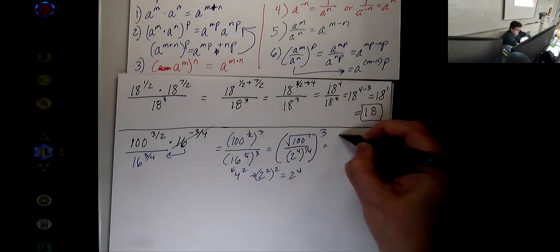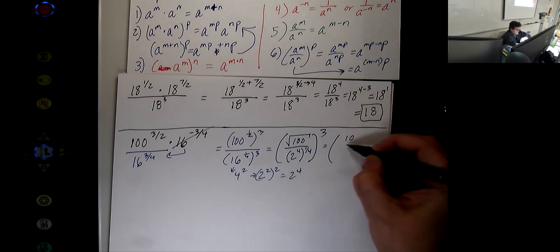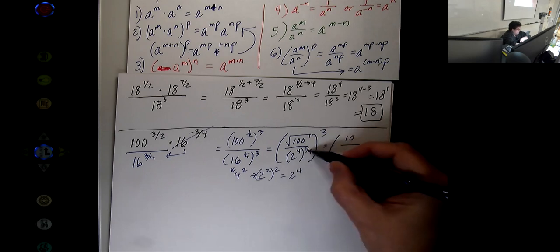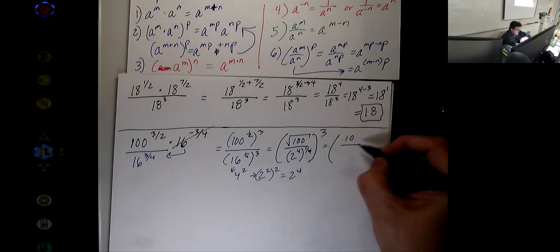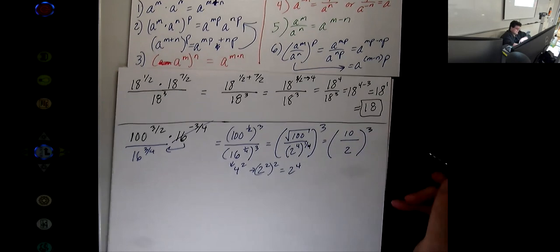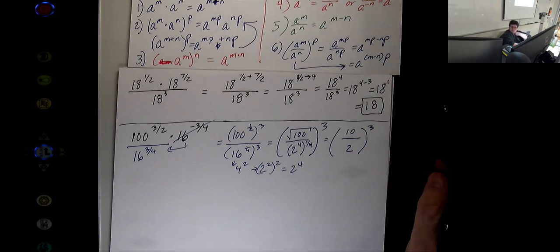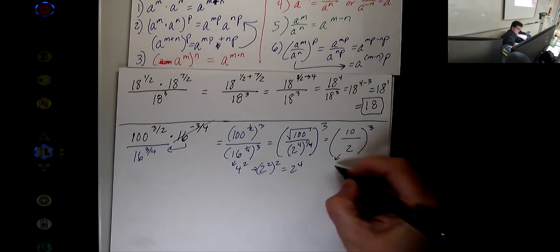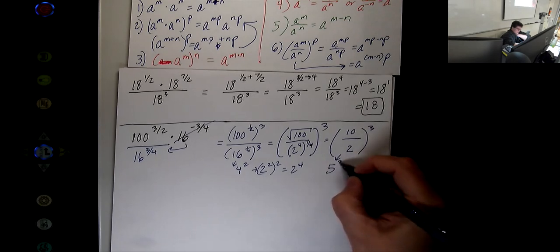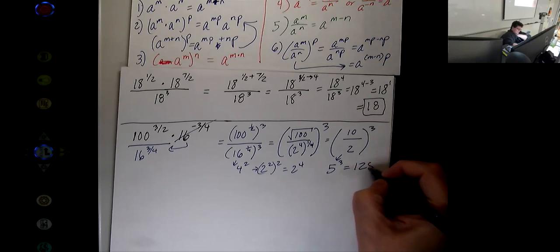Square root of 100 is 10. And the 4 and the 1/4 multiply together to make 1. So this is 2 to the 1st power. So I've got 10 divided by 2 is 5. I've got 5 cubed. 5 cubed is 125.